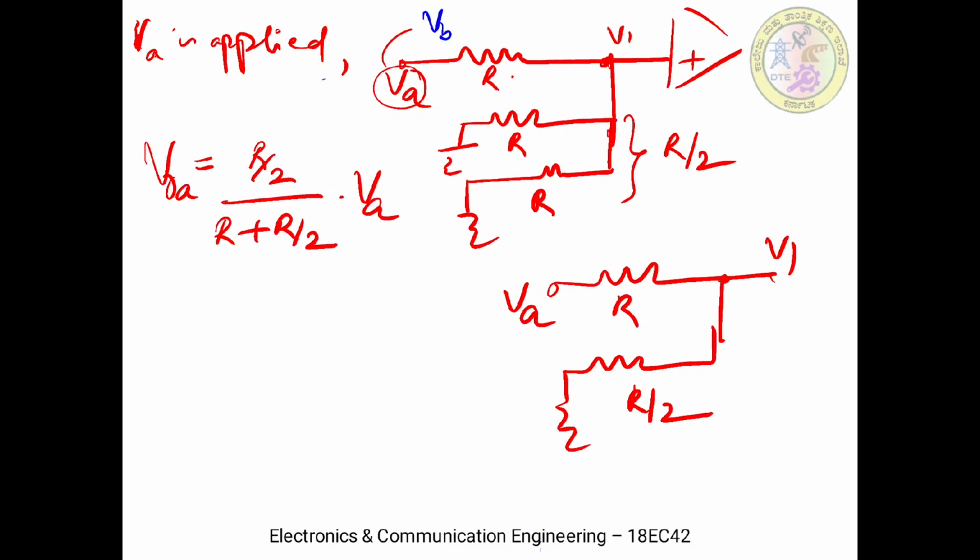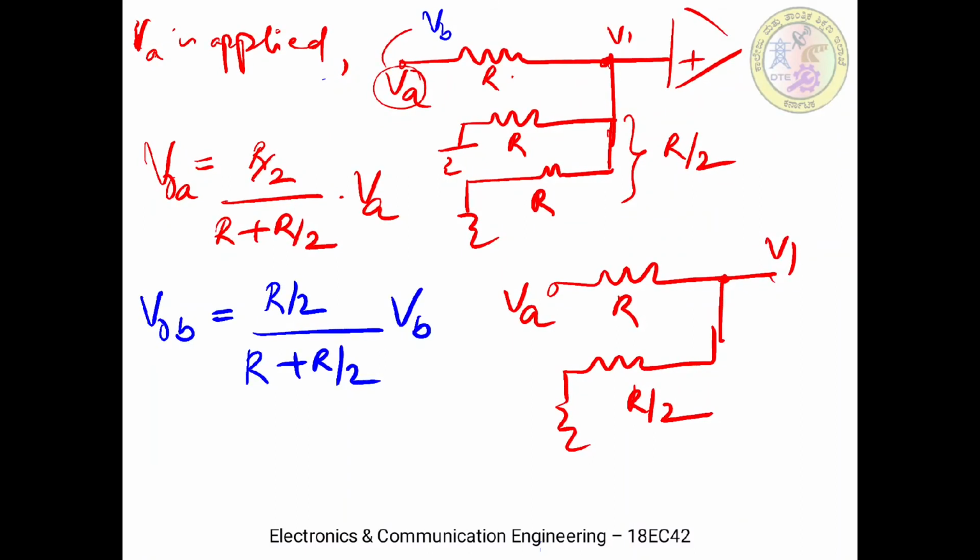The remaining two resistors will again be in parallel and their effective resistance value will be R by 2. Therefore the output because of B will again be equal to (R by 2) by (R plus R by 2) into VB. Now in the third case, we have to apply only VC, making the VA and VB inputs 0.